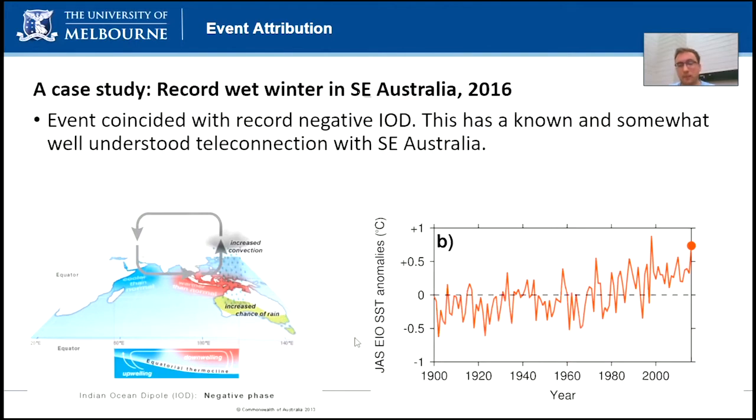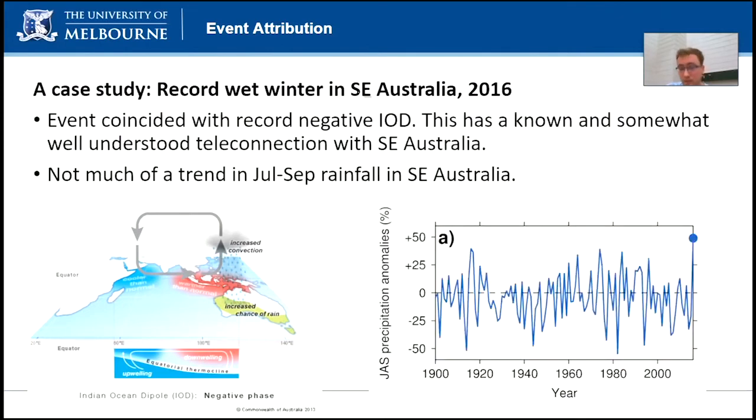And if we look at the SST anomalies for the East Indian Ocean on its own, which is a bit different from the dipole, we see that 2016 was the second warmest on record. And you can see an overall trend towards warmer East Indian Ocean SSTs related to climate change. That's previously been attributed to climate change.